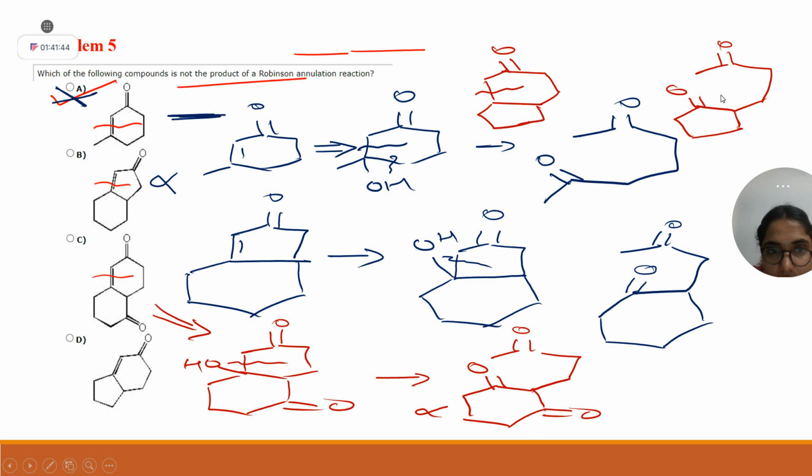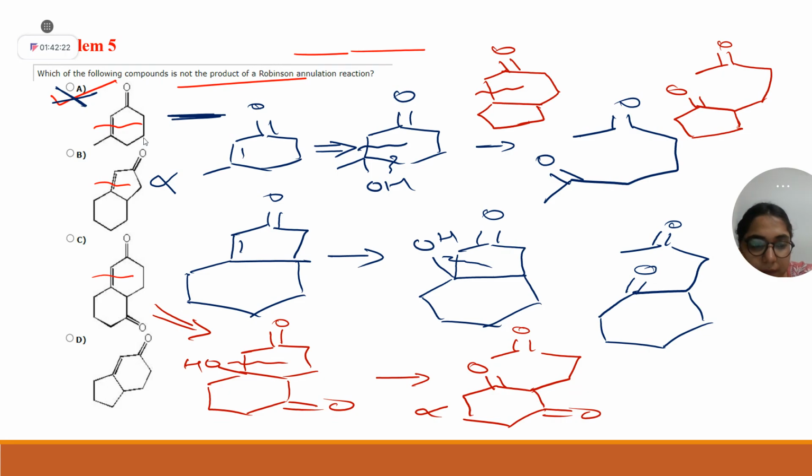In option A, there is only intramolecular aldol condensation, but there is no conjugate addition. Exactly. Therefore, it can't be. But what about other students? Option number B. I think option C is most perfect because we are getting a triketone also, which we used to get in Michael addition. But one thing is clear, option A can be correct because that is a simple intramolecular aldol reaction.